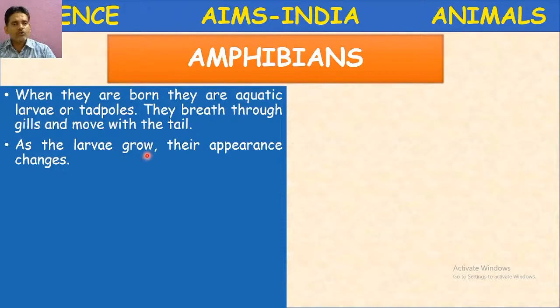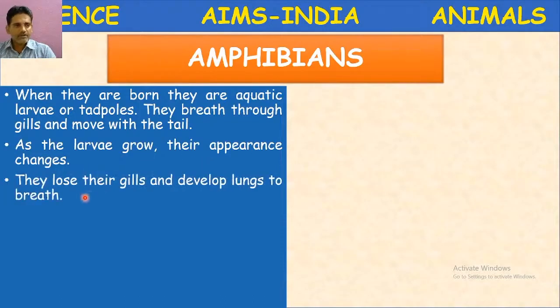As the larvae grow, their appearance changes. They lose their gills and develop lungs to breathe. This is called metamorphosis. The larva born with gills and tail, when it becomes adult, gills disappear and lungs develop.